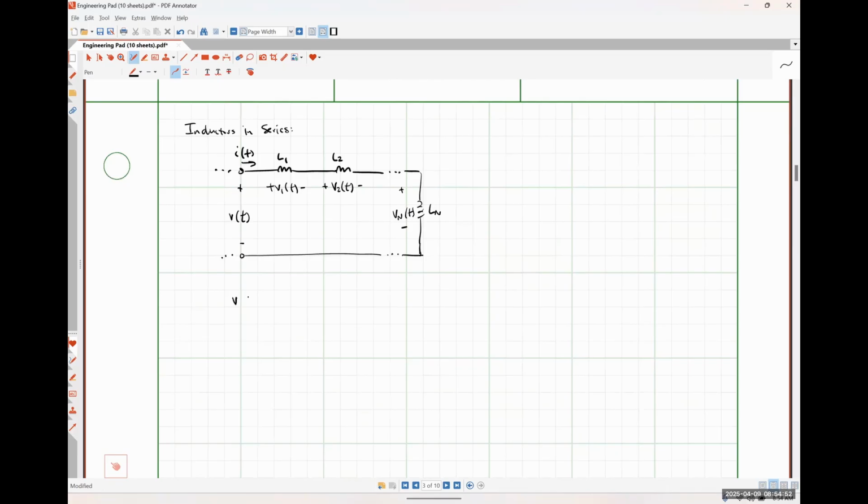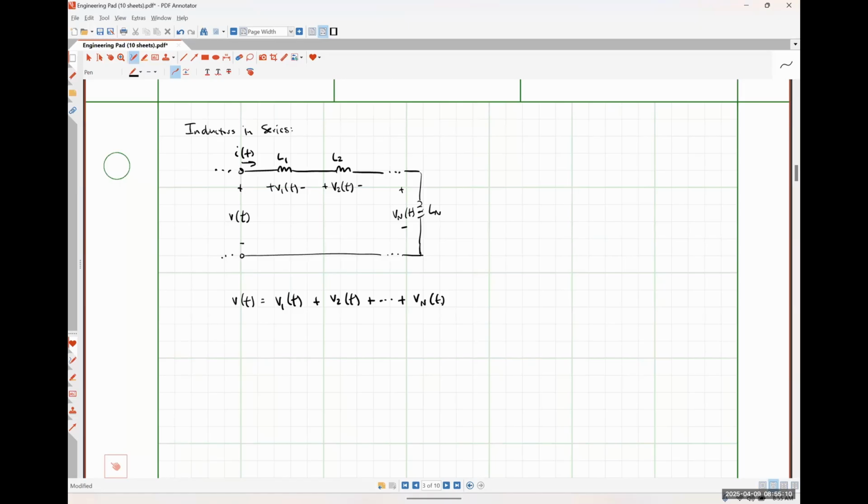And applying Kirchhoff's voltage law, I could say that V of t is equal to V1 plus V2 plus Vn. So extraordinarily similar to what we saw when we had resistors in series.